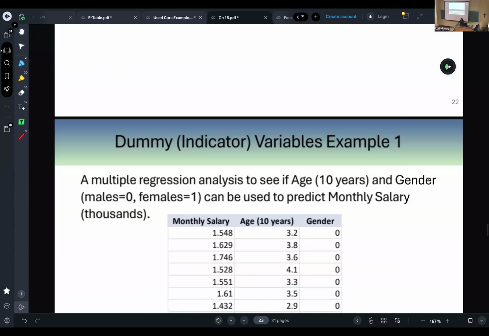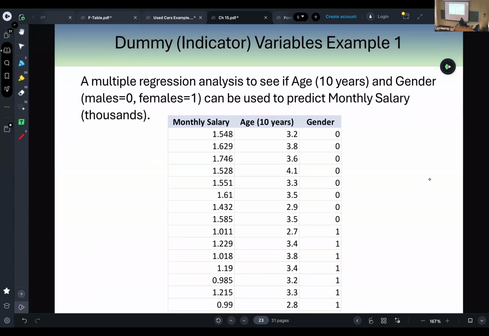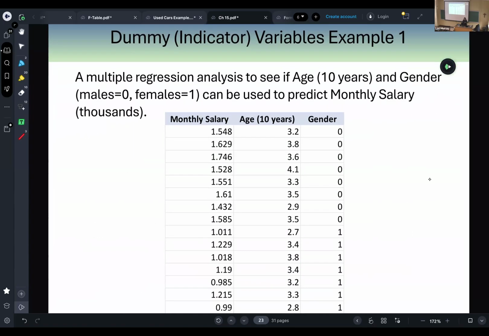So I'll show you how it's used. We sometimes have salary anomaly studies where we want to see if males are being paid higher than females or vice versa. Here, the males are 0 and the females are 1. It really doesn't matter who you give 0 and who you give 1. We could have easily given the males 1 and the females 0. You just have to give one 0 and be consistent, and the other one 1.